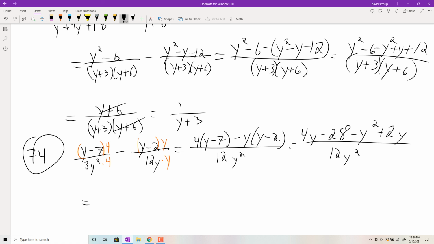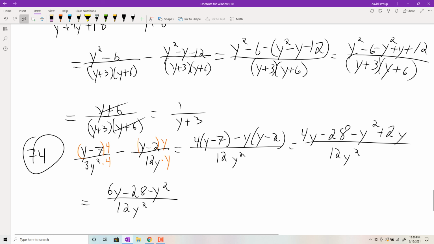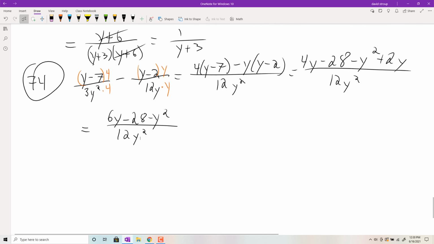And I like to put positive terms first in my numerator and denominator, so I'm going to go negative y squared plus 4y plus 2y, 4y's plus 2y's is 6y's, and then minus 28, all over the 12y squared. There's no way to factor the numerator. It's what they call an irreducible quadratic. So you're kind of stuck with it, and that would be your answer.